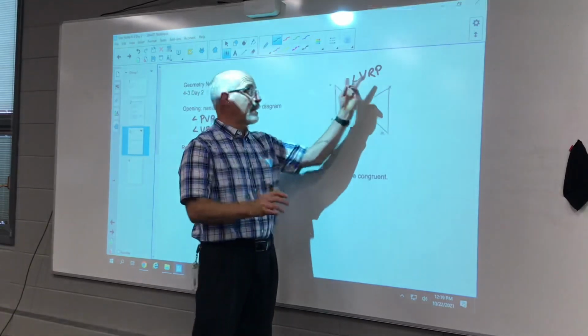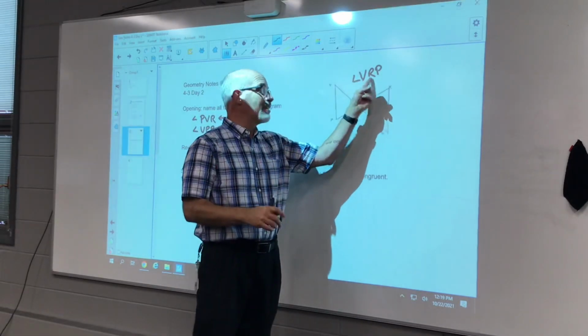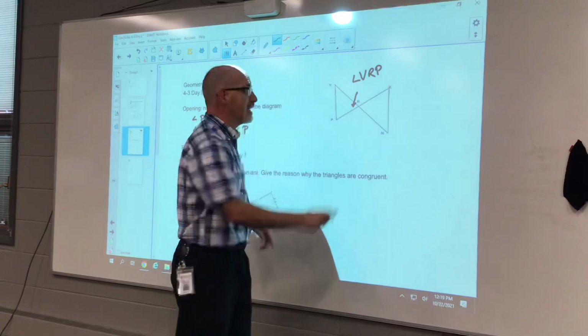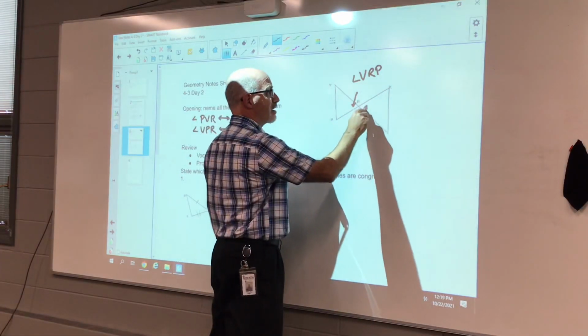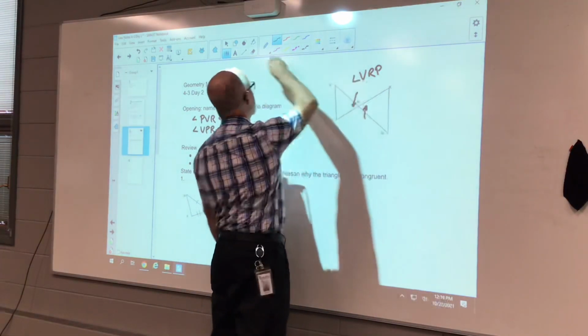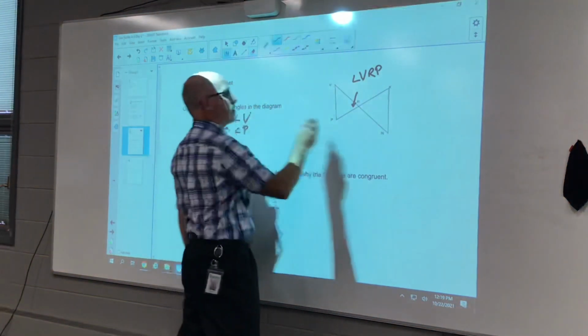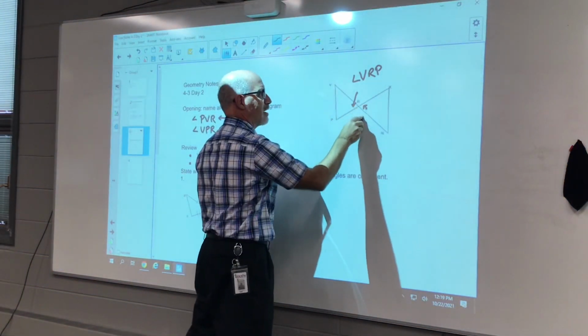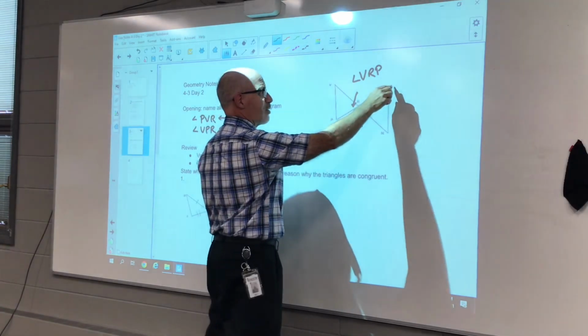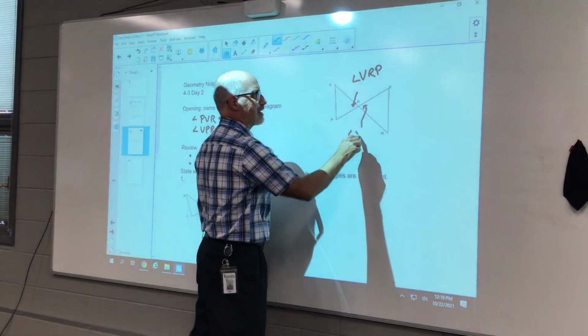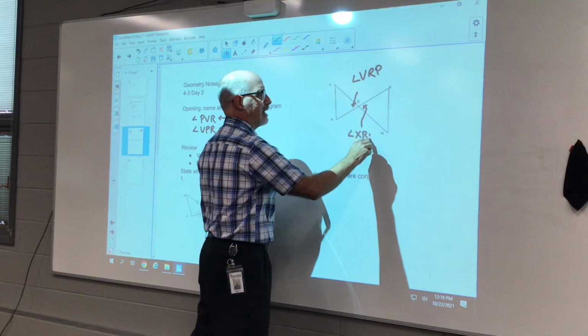It doesn't matter what the outer 2 letters are, they could be switched, but the middle letter has to be an R for that. And then this angle right here, let's make that point right to the angle there. So this angle right there is, if I start with the X, angle XRN.